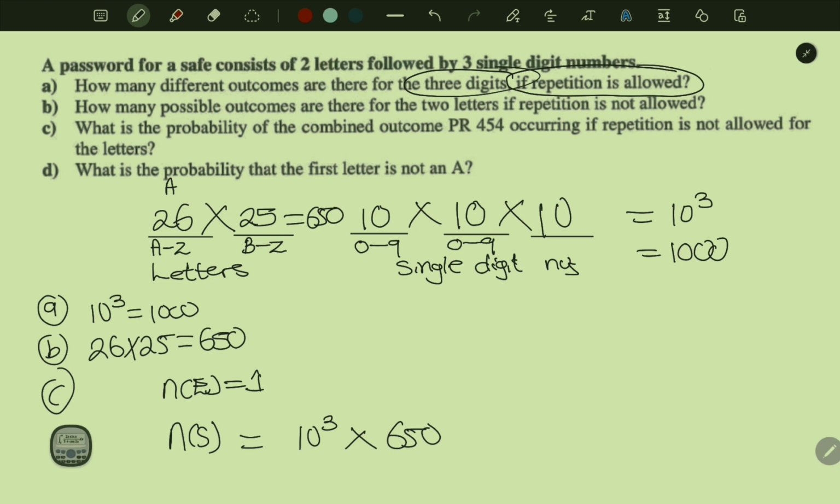So for the combined outcomes, total outcomes, we will have 10 to the power 3 times 650. Why are we multiplying? We are still using our fundamental counting principle. So this will give us a total of 650,000.